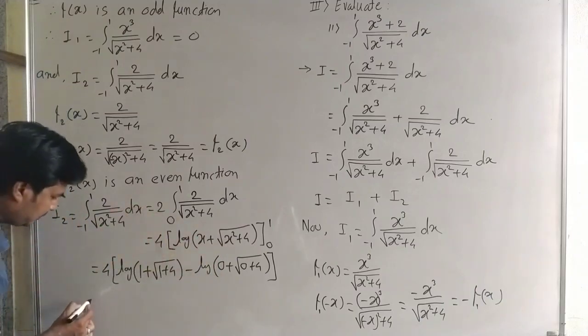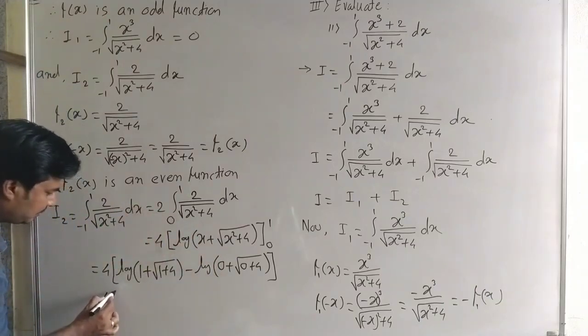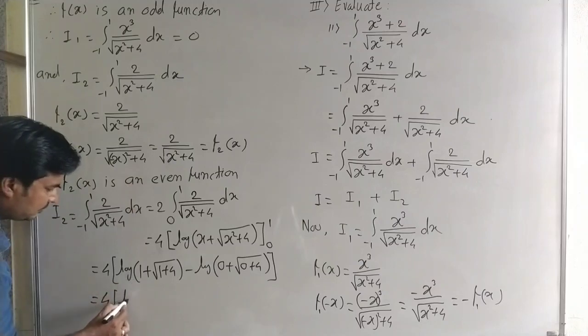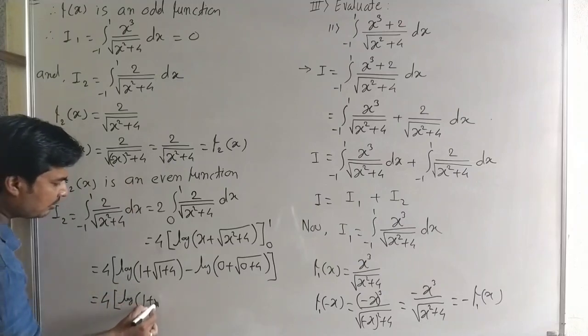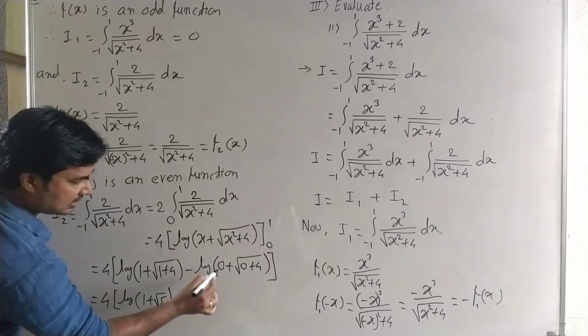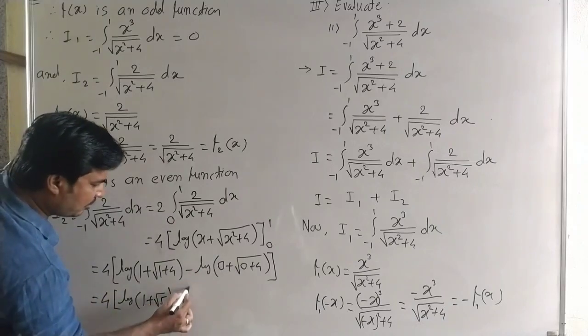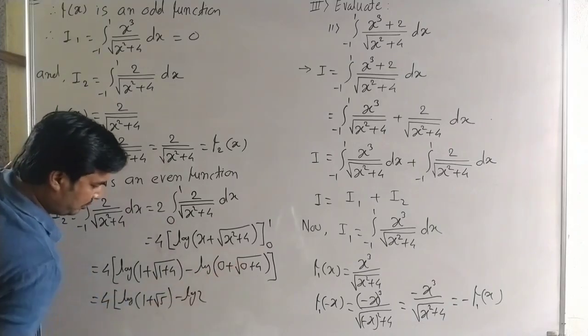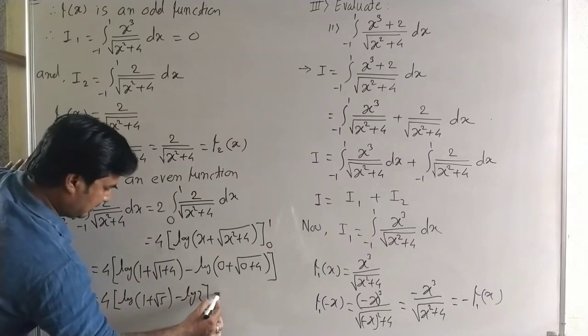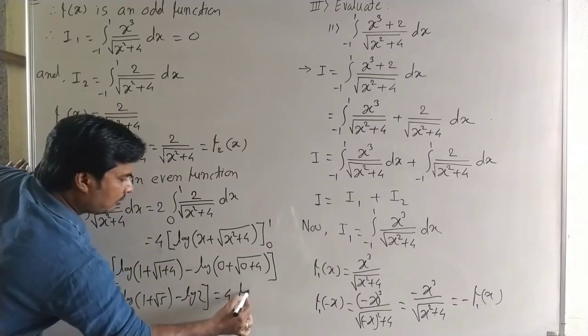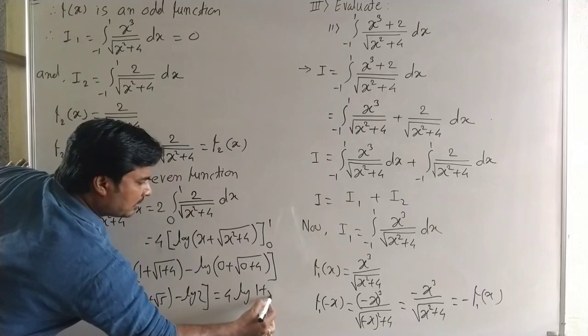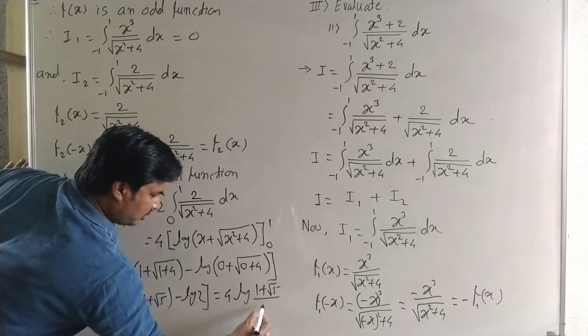Okay. Now here it is 4 into, see carefully, log of 1 plus under root 5, minus log of 2, under root 4 means 2, and then the last answer is 4 into log of 1 plus under root 5 upon 2.